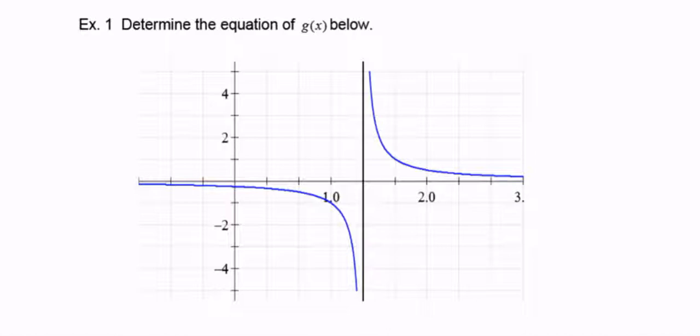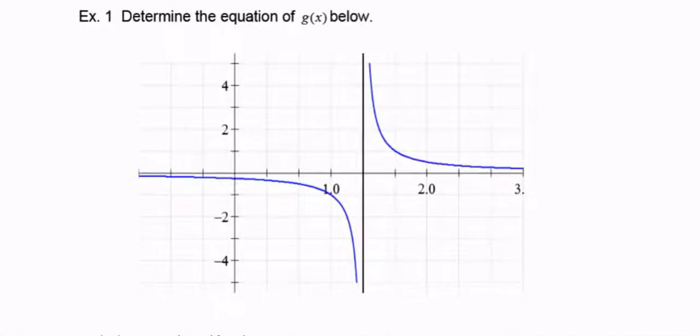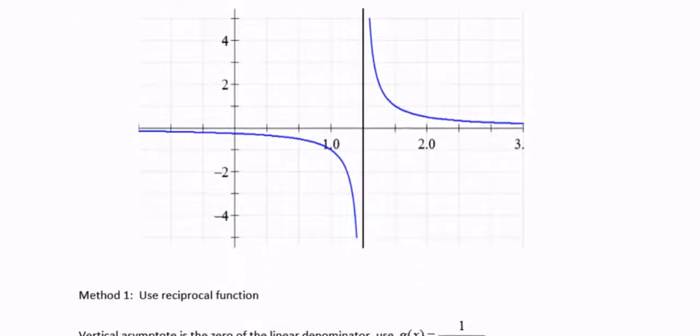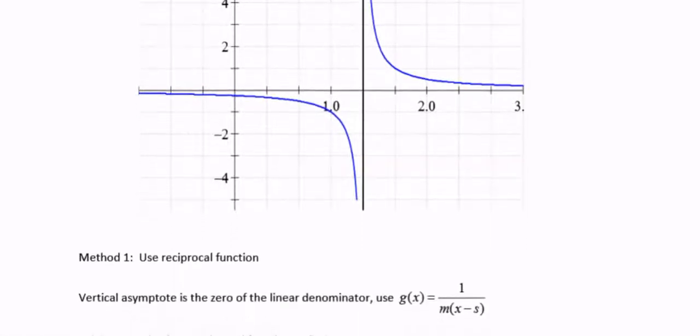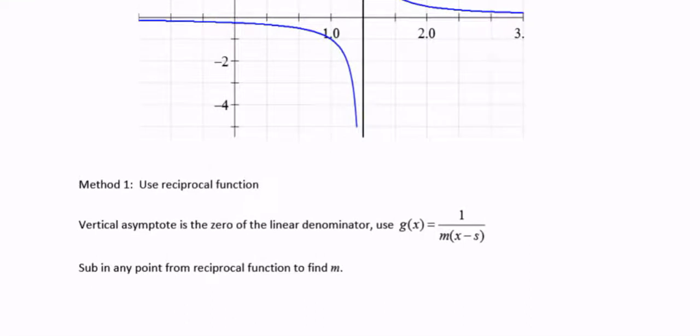So there's a couple of different ways to do this, and I'll show you both methods and you can decide which one you want to use. So method 1 says just come up directly with the equation of the reciprocal function. So you're going to use this generic equation, g of x equals 1 over m times x minus s.